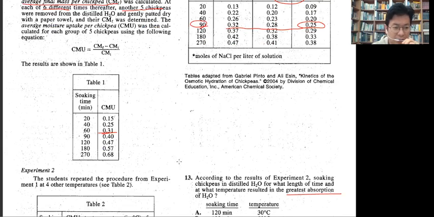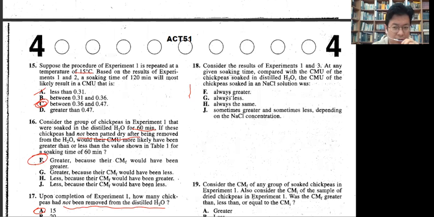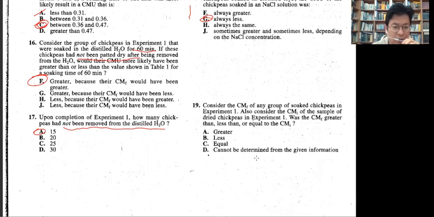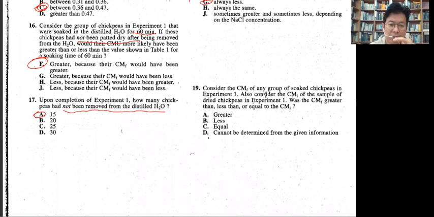If you look at the CMUs, always less. Consider CMR of any group of soaked chickpeas in experiment 1. Also consider CMI of the simple dried chickpea. In experiment 1, was CMF greater than, less than, or equal to CMI?